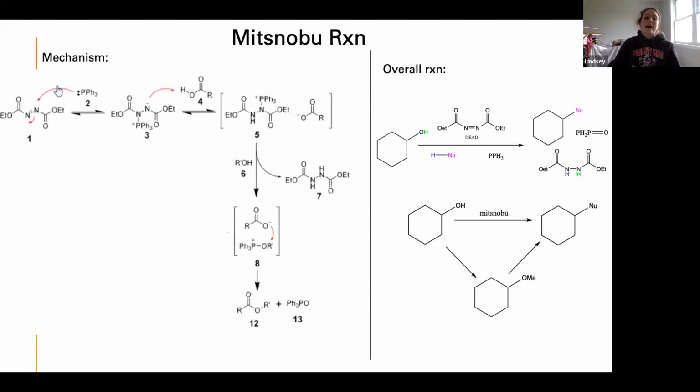What usually happens is the PPh3 will attack the nitrogen, and then the double bond will go to the nitrogen to form an anion, and then you're left with this right here. Then a carboxylic acid will come in, and they'll take the hydrogen from the carboxylic acid.